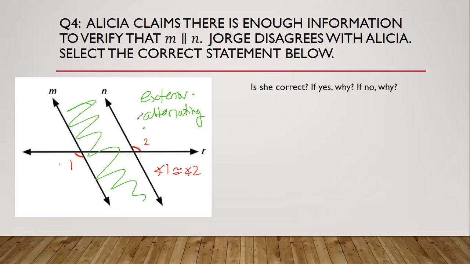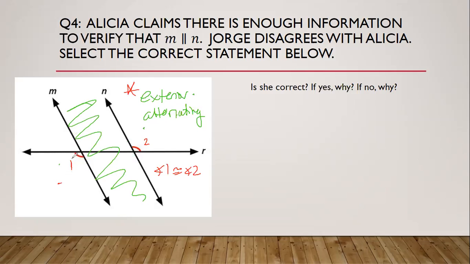So what I'm trying to determine is if these two angles have any kind of relationship, if they're an actual angle pair, right? And so I start identifying where they are in terms of my two lines that I'm trying to show parallel and my transversal. So they're outside my two lines, which means they're exterior.